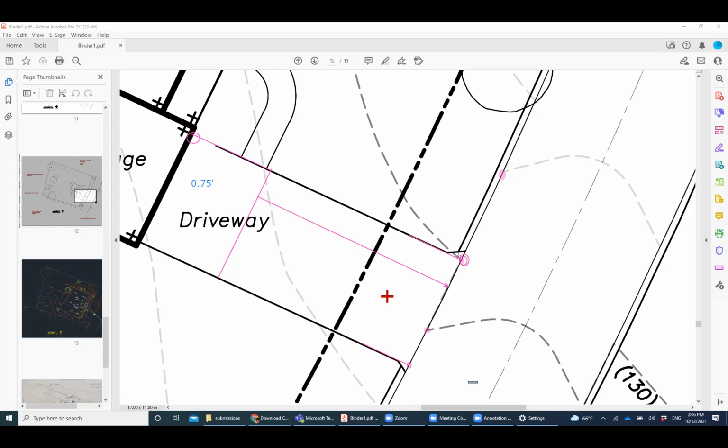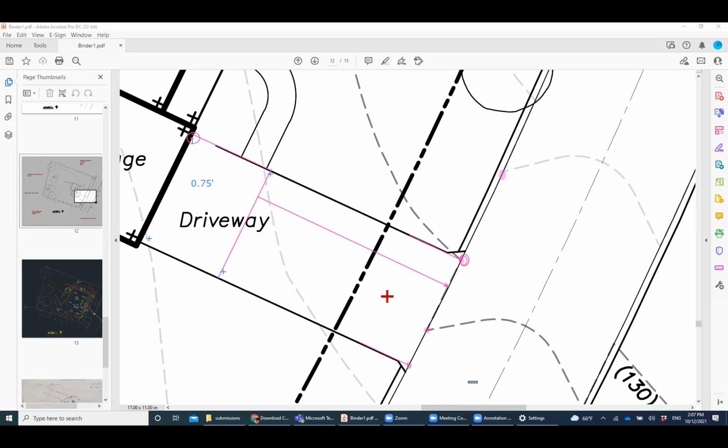The spots here, right? This one, I don't know where that came from. It's probably from previous. If you need to mark their spots, you mark it right here. Mark it right here. And then mark it right here in front of this driveway.